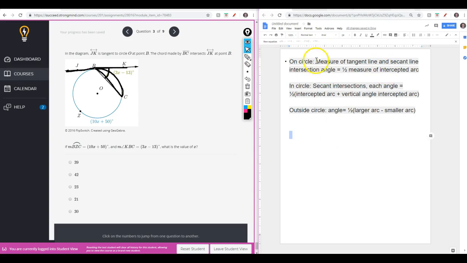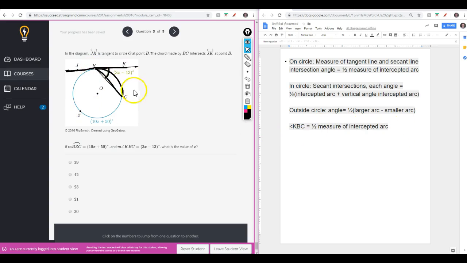So just using this, we know that the measure of the tangent line and secant line intersection angle is angle KBC. So that's angle KBC is equal to half the measure of the intercepted arc.